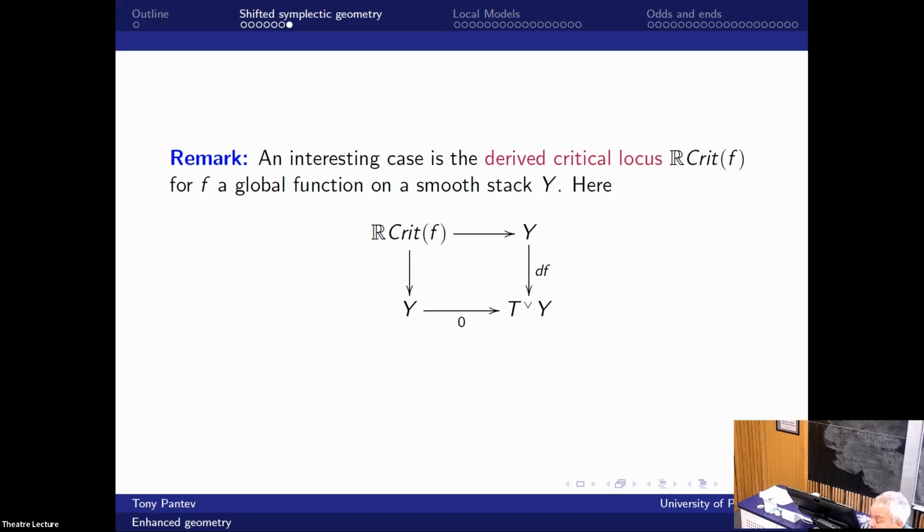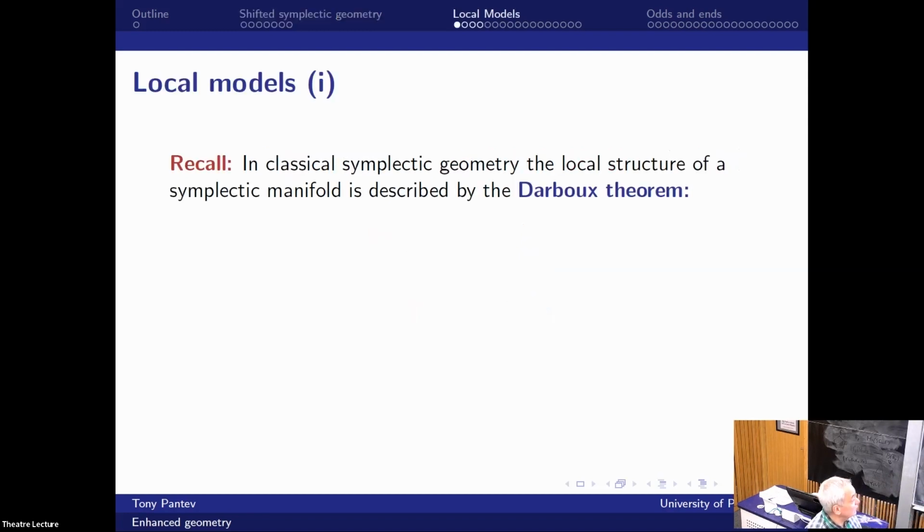And so that Lagrangian intersection is -1 shifted symplectic. So when you have something -1 shifted symplectic, you could potentially hope that it's coming from a function. And then that function will have some interesting arithmetic or geometric meaning.